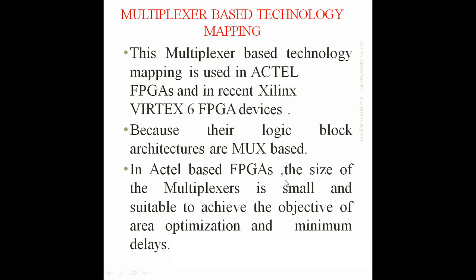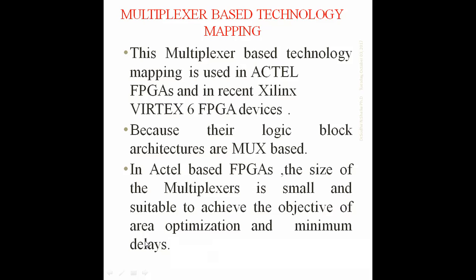In Actel based FPGA, the size of the multiplexer is small and suitable to achieve the objectives of area optimization and minimizing delay. The final requirement is only two things: the area and the delay.